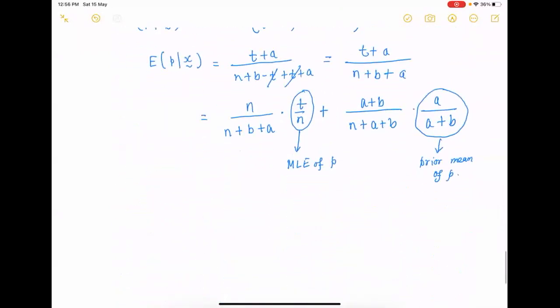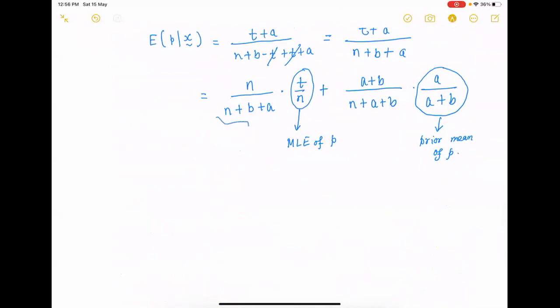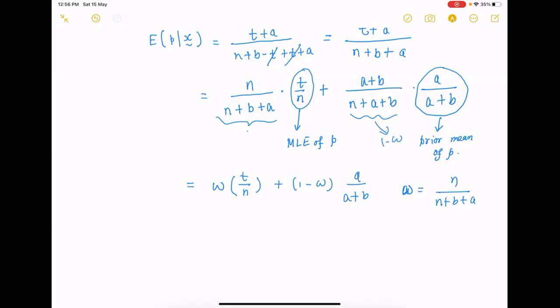And this I can write as omega times T/N plus 1 minus omega times A/(A + B), where omega is N / (N + A + B), because 1 minus omega will give me this A + B part. So this is my 1 minus omega and this is omega.